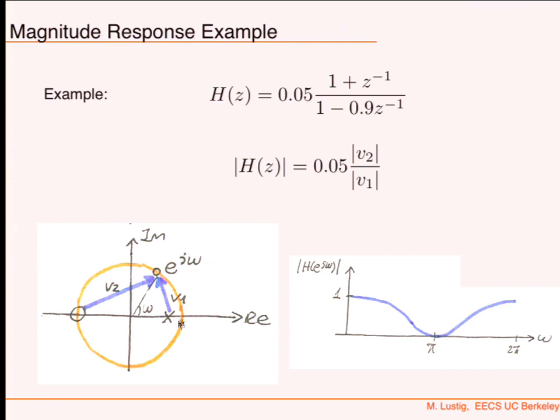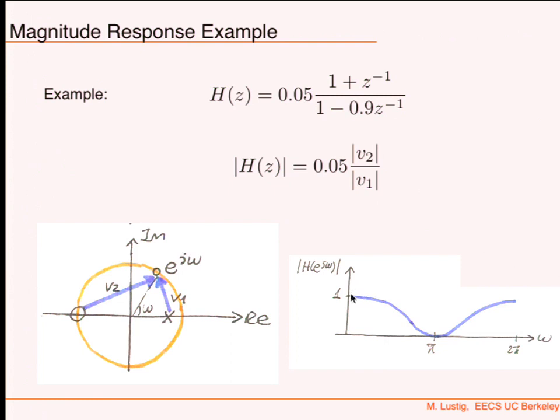And you can see that when you're close here, the effect of the zero is diminished, and the effect of the pole is significant. And so as I move away, V1 grows and V2 shrinks, and then at some point when I reach this point over here, the whole function becomes 0 because V2 is going to be 0.